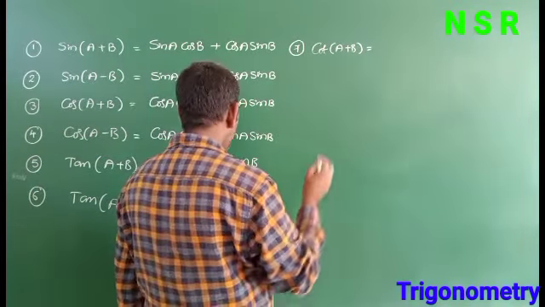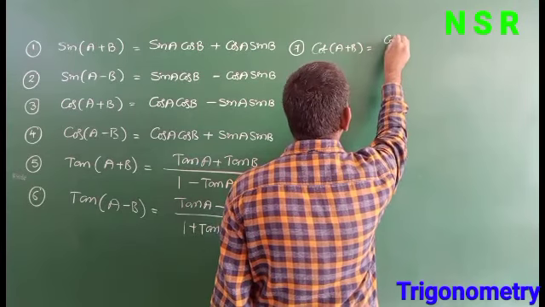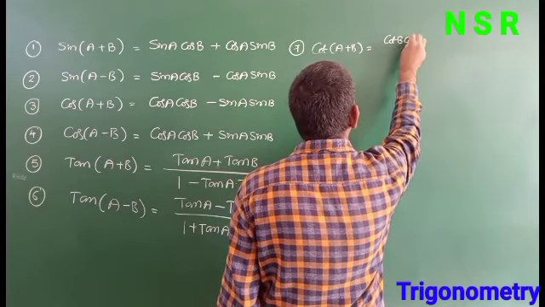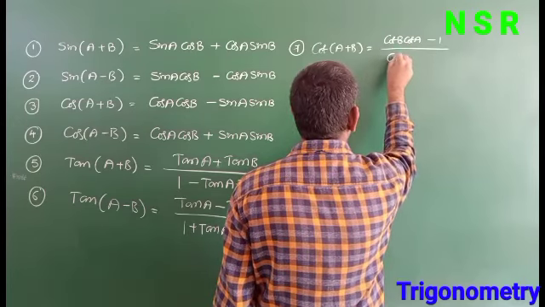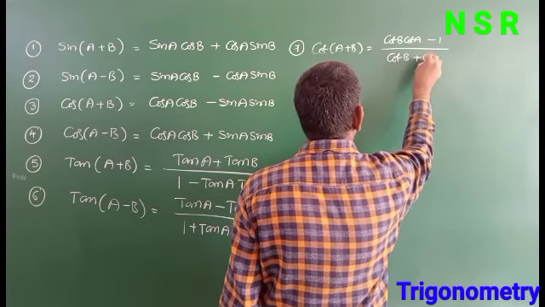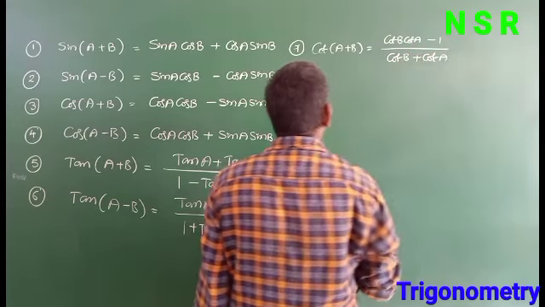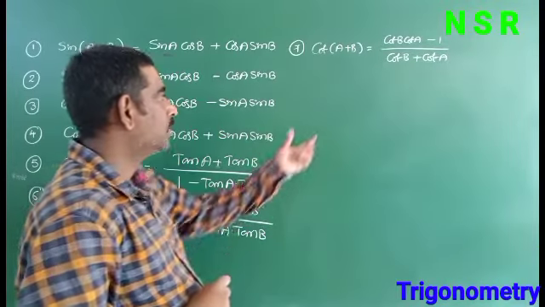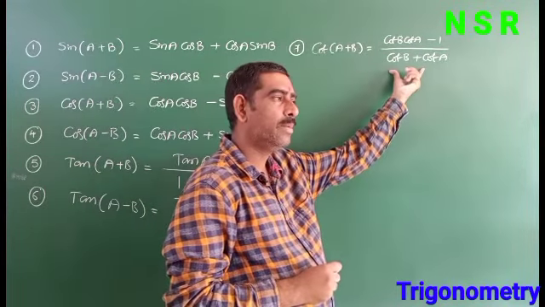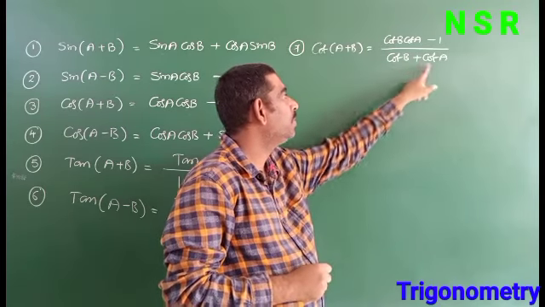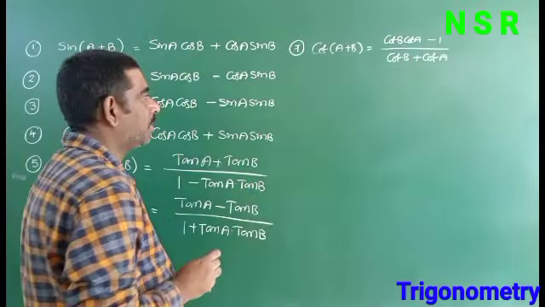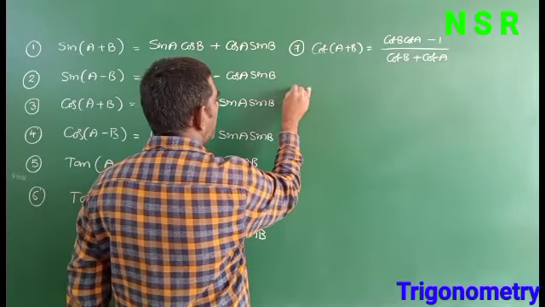So cot a plus b is equal to cot b cot a minus 1 by cot b plus cot a, or you can write cot a plus cot b. If you write cot b plus cot a, you can easily remember the next formula also.